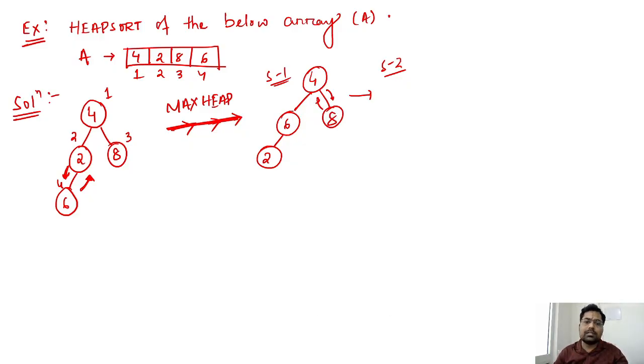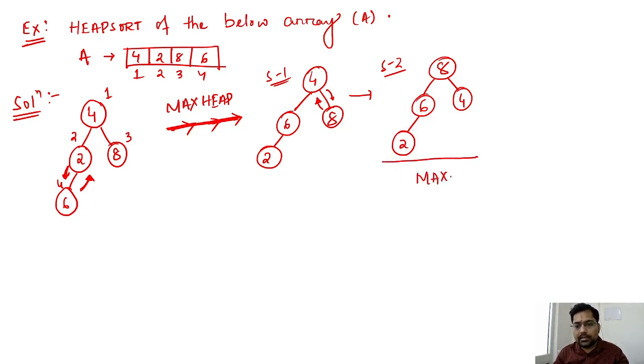We know 6 is larger than 4, but compared to 6, 8 is the bigger value. That's why 8 is written in the place of 4, and 4 is shifted down, then 6, then 2. This is the max heap we got.